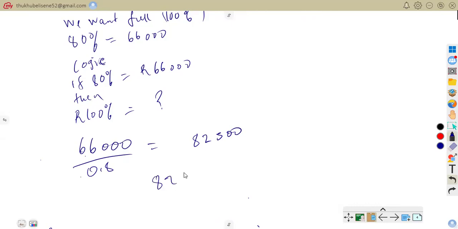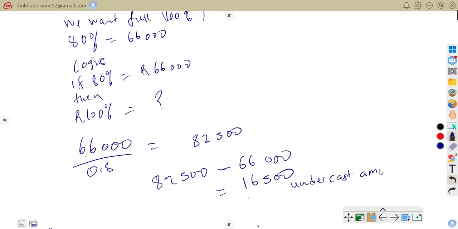And we are going to say 82,500 minus 66,000, and it will give us 16,500. So this is an undercast amount.